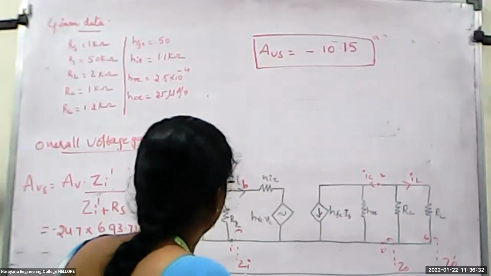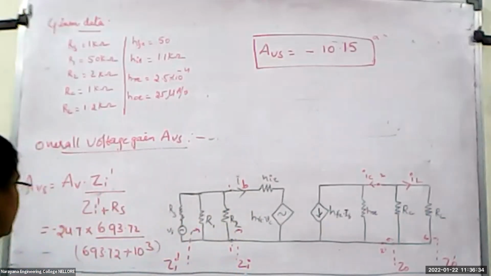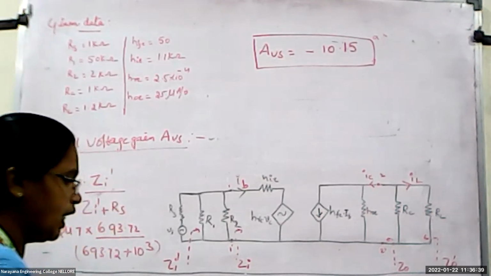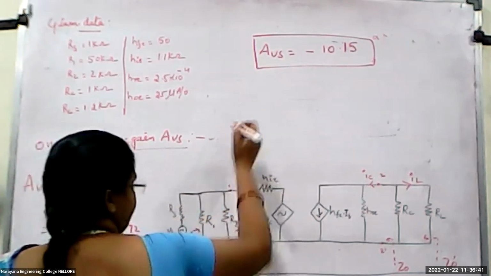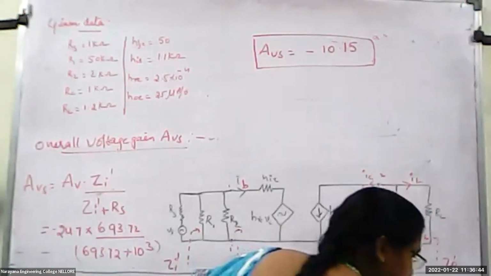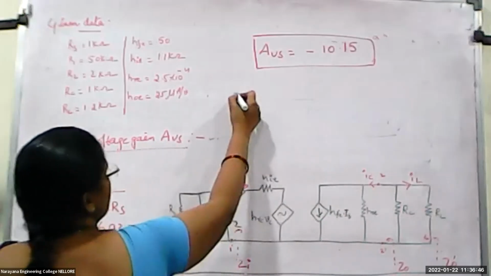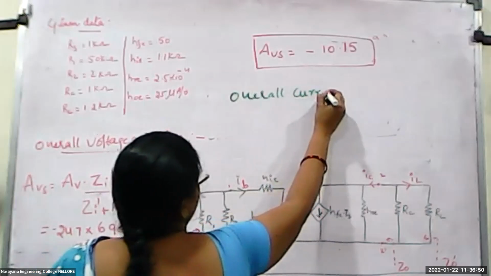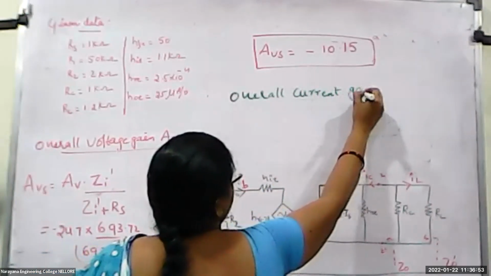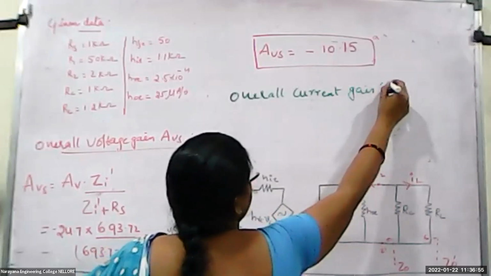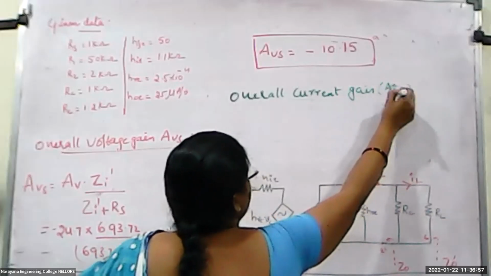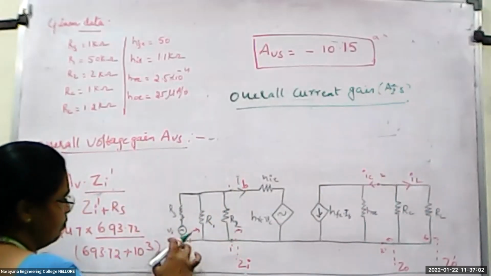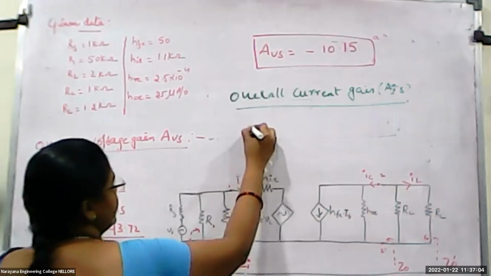Okay. So what is the next parameter? Overall current gain, AIS. For this overall current gain, at this point we are calculating current gain.